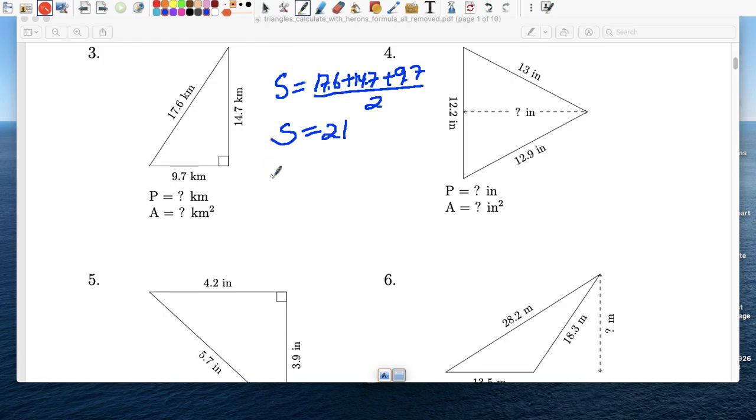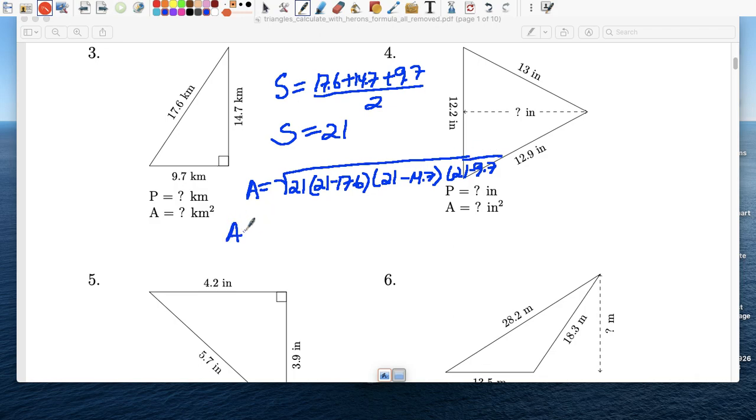Now, we use Heron's formula. So the area in Heron's formula is the square root of S, 21, times 21 minus each of the sides. 21 minus 17.6, times 21 minus 14.7, and then times 21 minus 9.7.